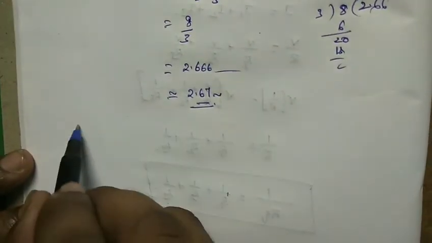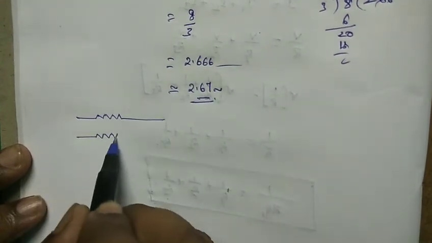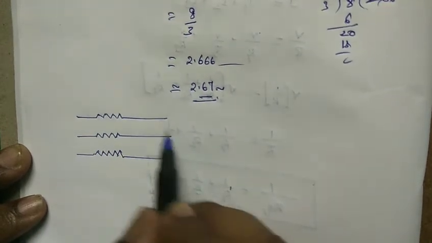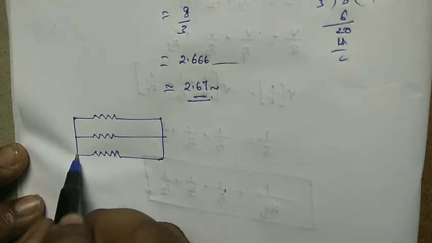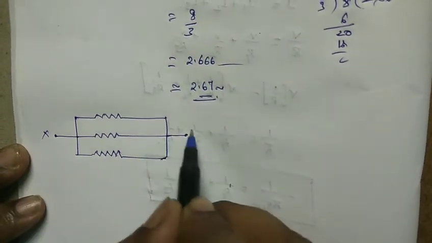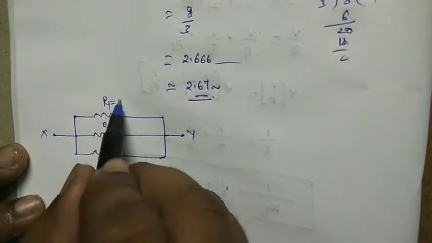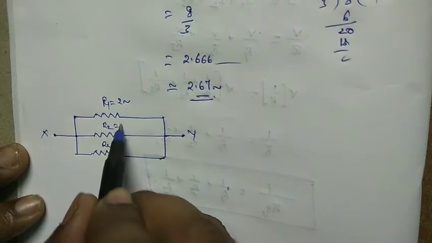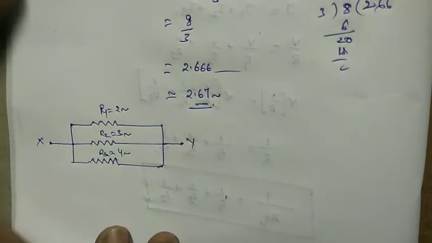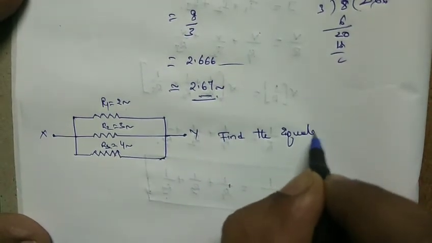For example, see here, if three resistances are in parallel across X and Y, R1 is 2 ohms, R2 is 3 ohms, R3 is 4 ohms.